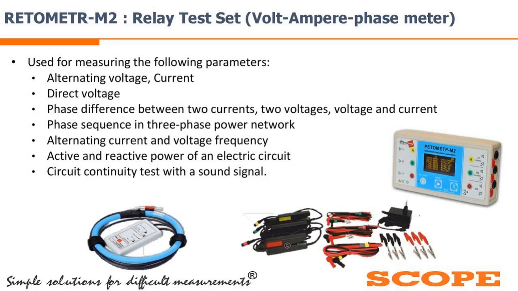We can also measure phase sequence in three-phase power networks, alternating current and voltage frequency, and active, reactive and apparent power of the electric circuit. And we can do a circuit continuity test with a sound signal. So these are the measurement parameters we can measure with the Ratometer M2.